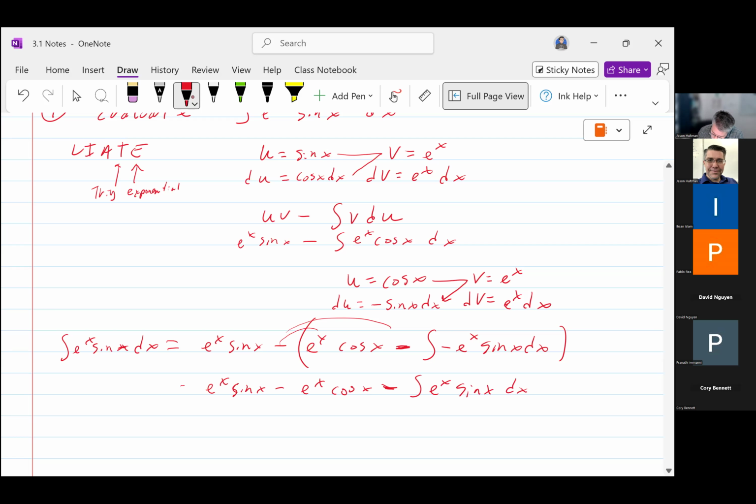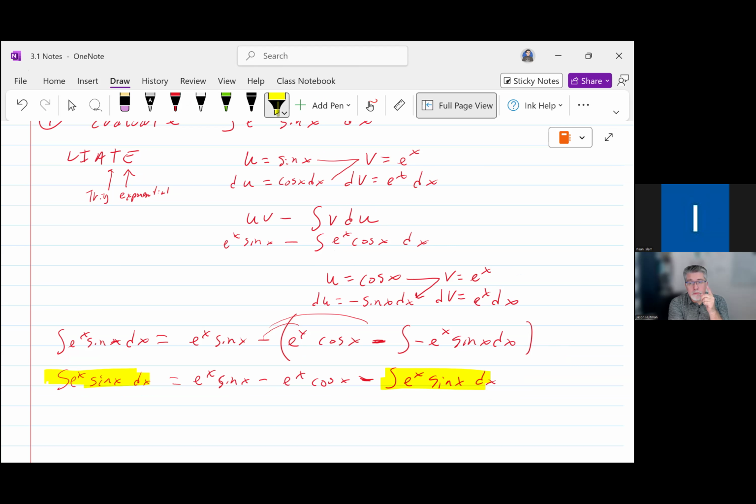Okay, and so now we have the exact same thing on the right-hand side of the equation as we do on the left-hand side. So what do you think we're going to do? Subtract them and cancel them. Close, close. We're actually going to add them.